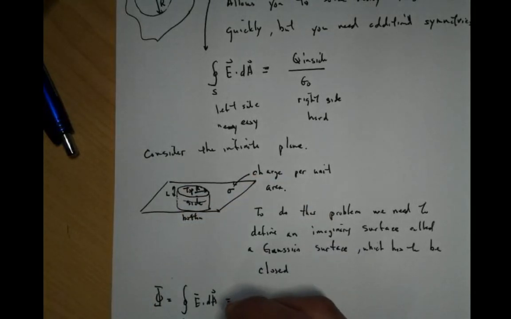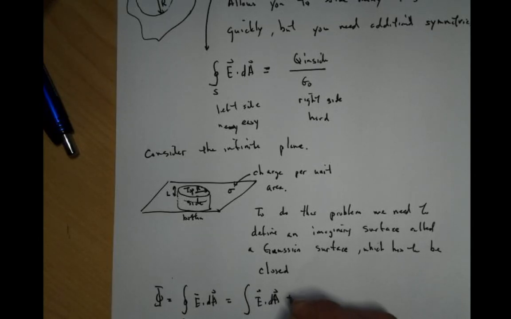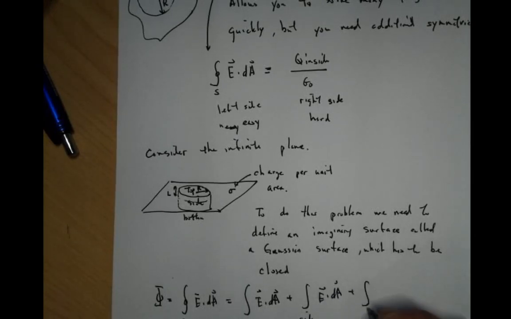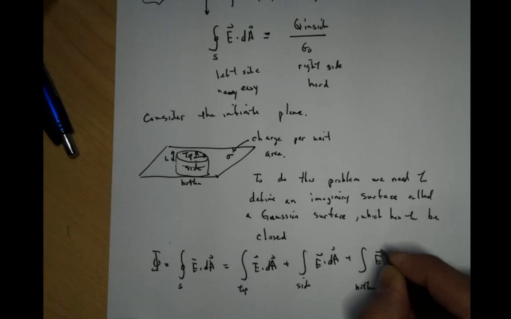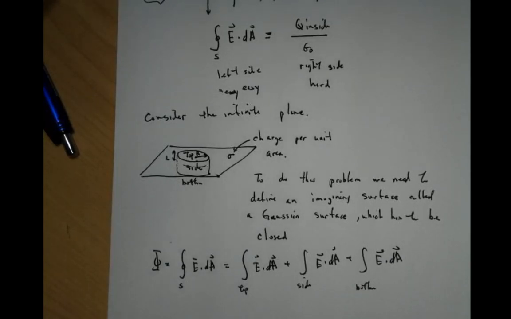So it's going to be equal to the integral on the top of E dot dA, plus on the side, E dot dA, plus the integral on the bottom, E dot dA.